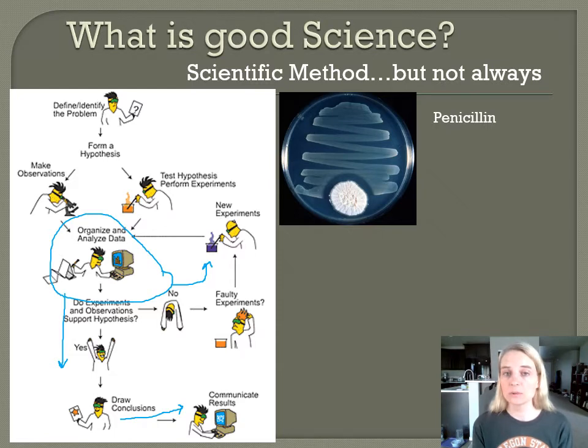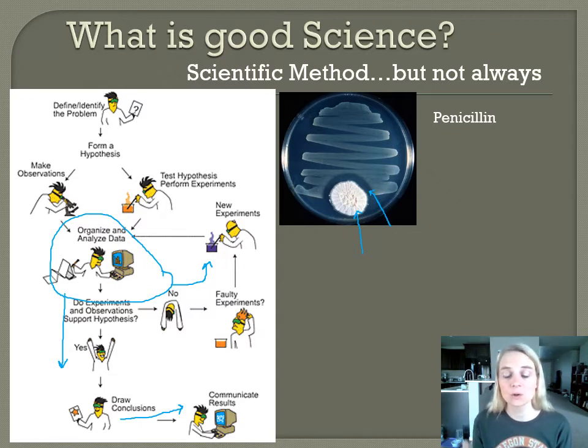So penicillin was one of the first antibiotics discovered, and it was discovered by accident. So Alexander Fleming in 1929, I think, he was growing bacteria. His bacteria got contaminated by a mold. And so instead of throwing the plates out and starting over, he made an observation. This observation that right around the growth of the mold, there was no bacteria.